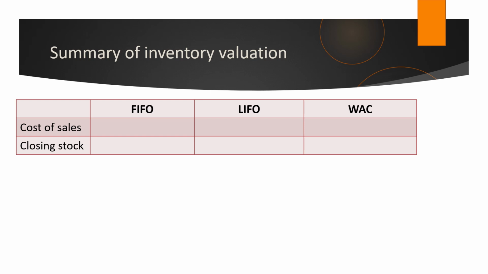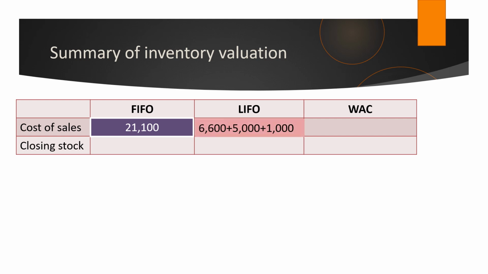This is the summary of inventory valuation. Here I am going to compare the FIFO, LIFO and weighted average cost of sales as well as closing stock from the inventory valuation reports. So in FIFO, to get the cost of sales, I am going to add the cost of issue. So here the FIFO cost of sales, by adding all together, it will come as 21,100.